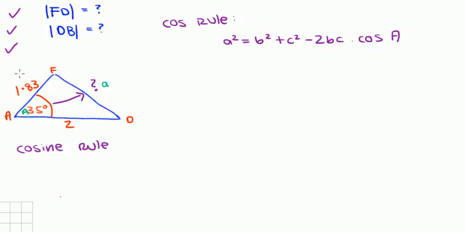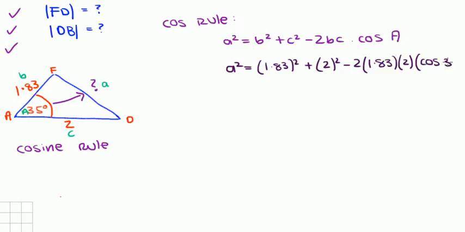Then I label my other 2 sides, b and c. Now I can substitute it. a is what I'm looking for, so I can't fill anything in for that. b squared is 1.83 squared. c squared is 2 squared, minus 2bc cosine 35.